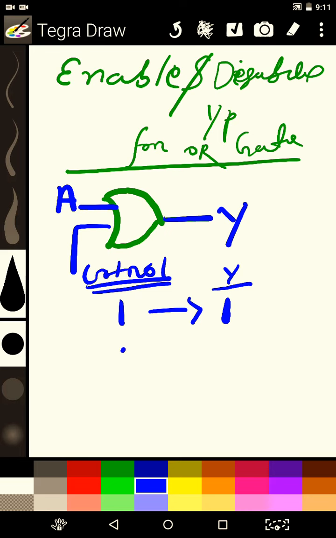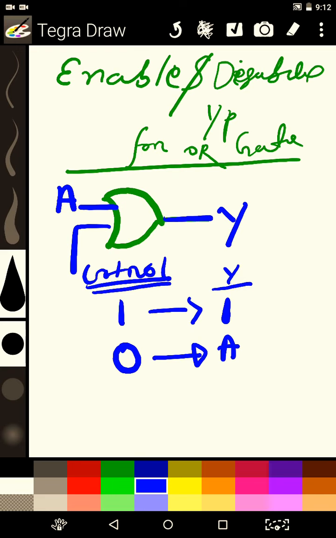But when we give the control terminal as 0, the output will always depend on the input given to the A terminal. That's why from this statement we verify that whenever 0 is applied, the output is always a function of the input. Whenever 1 is the control input, the output is always 1. That doesn't depend on the input terminal.